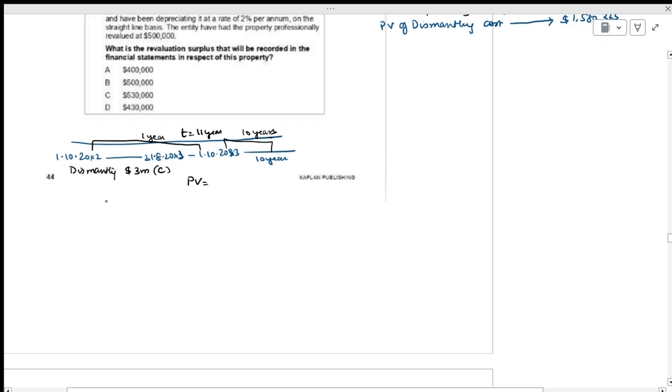Present value is nothing but C divided by (1 plus R) to the power of T. R is 0.06. 3 million divided by 1.06 to the power of 11 years comes to 1.58 million, whatever it is.